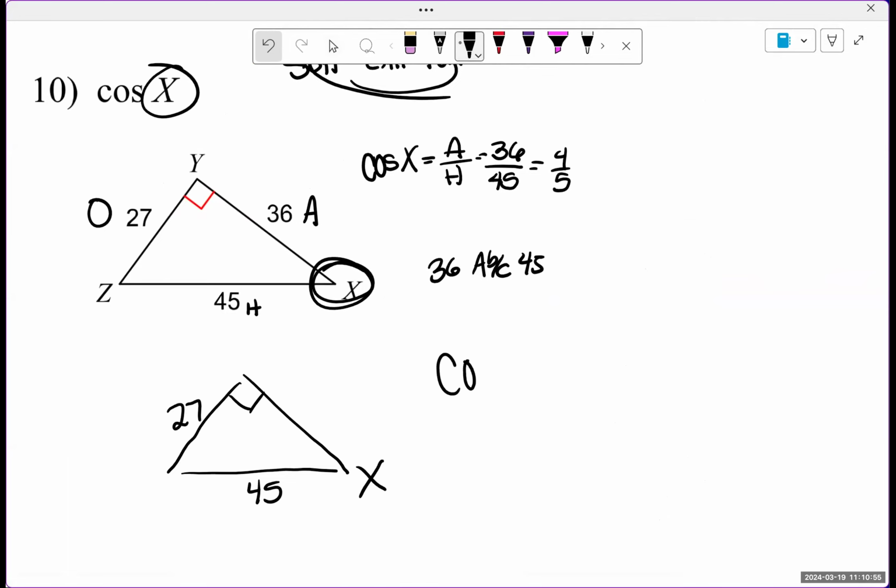What if it said cosine of angle X, but it didn't give you this value right here? Could you find the value? If you have two sides and you're looking for a third, what theorem would you use?